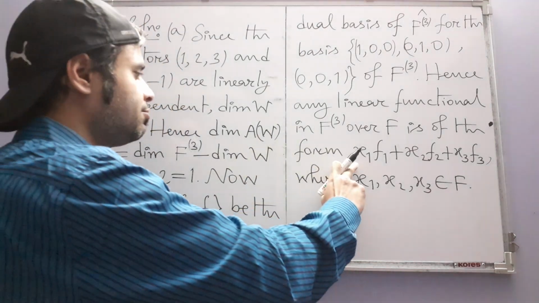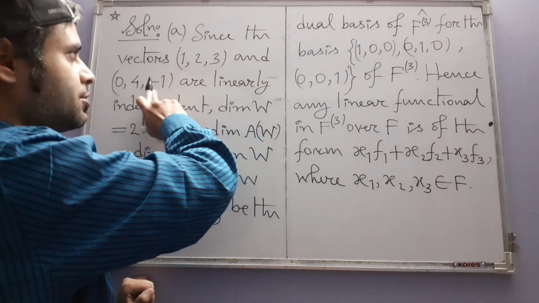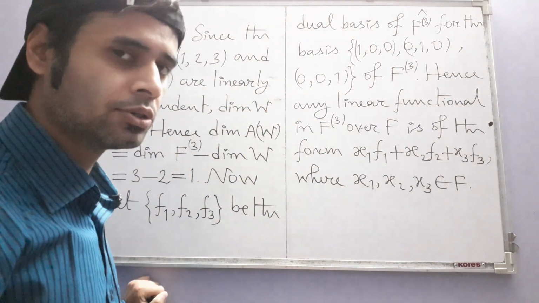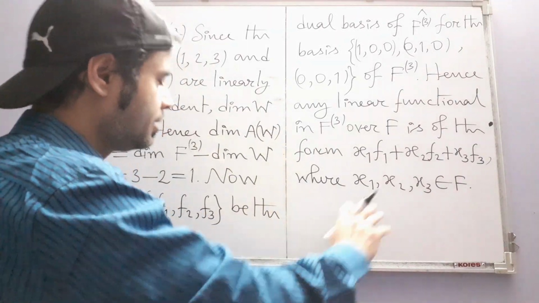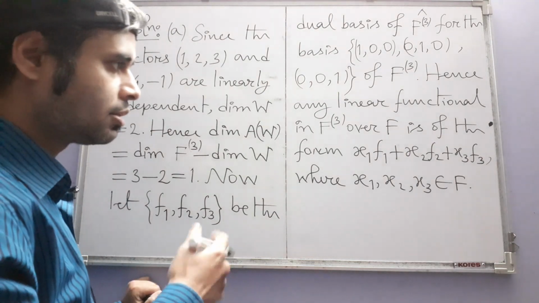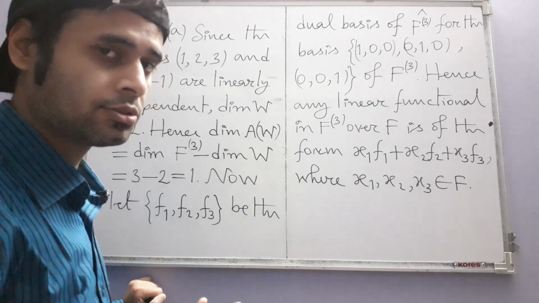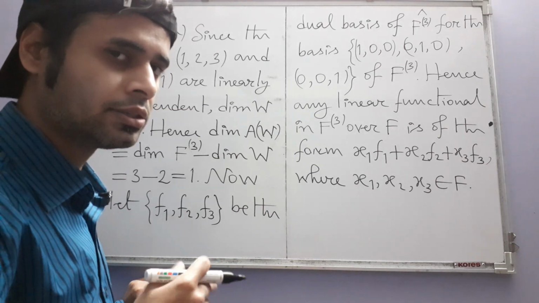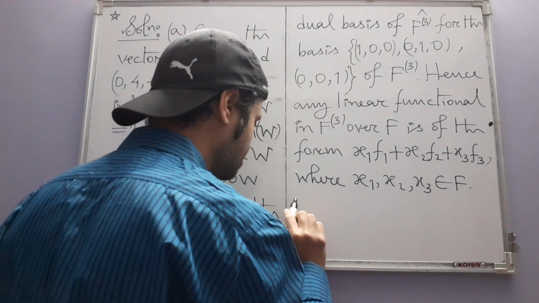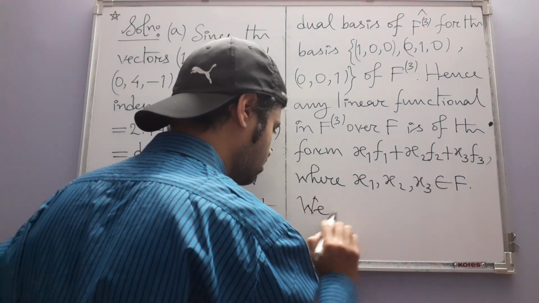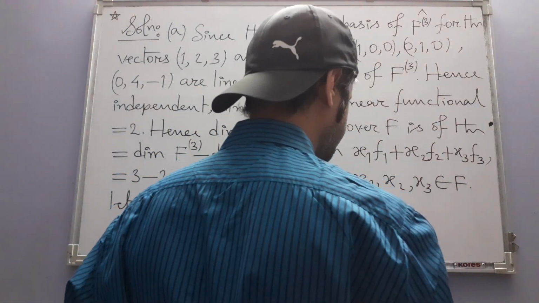Because if you apply this linear functional on this as well as on this and say the answers are both 0, then any vector in W is a linear combination of these two. So on that linear combination, if you apply such a linear functional, that is also going to be 0, because the linear functional is a linear transformation. That's why we seek this.